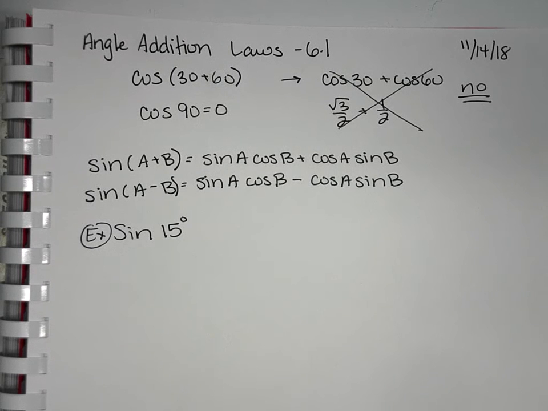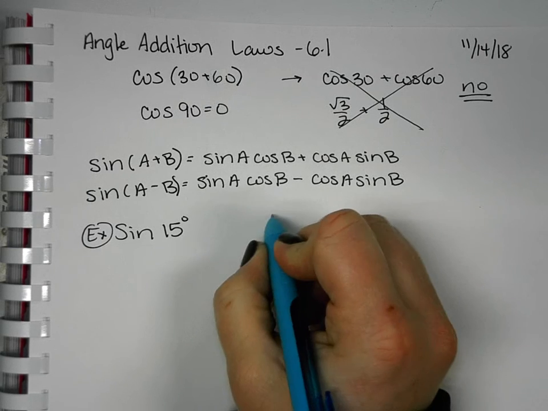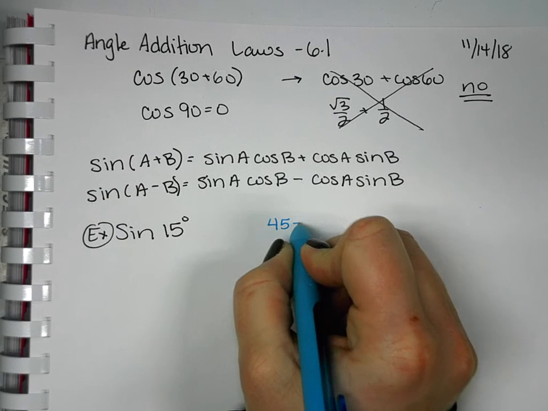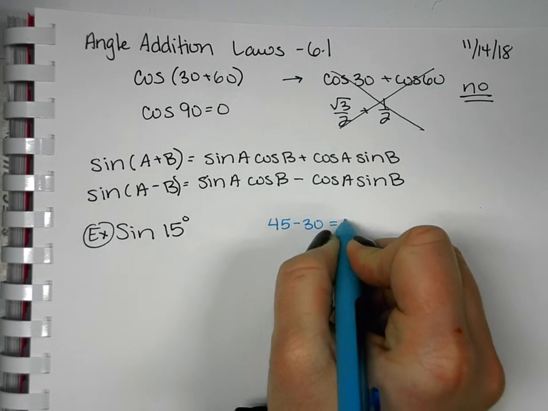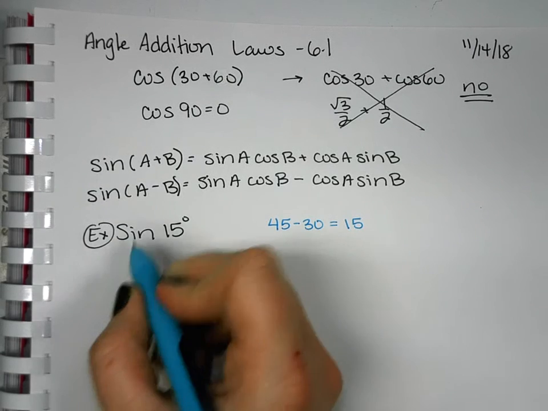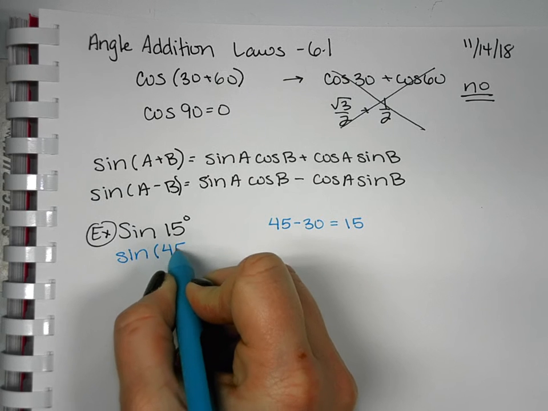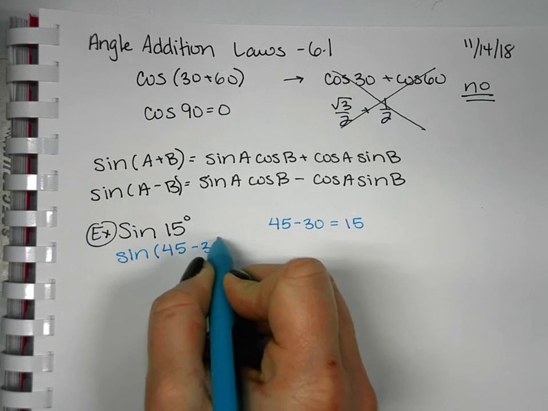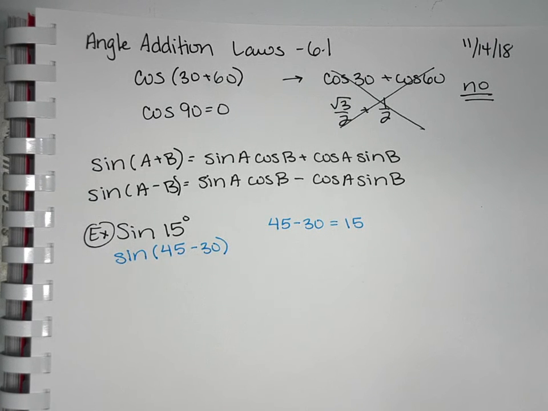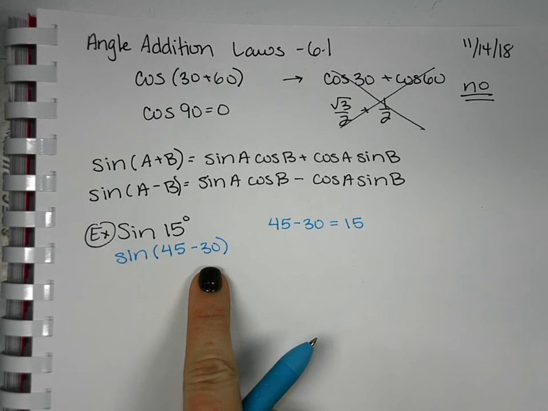If I were to take two of my exact angles, such as 45 and 30, 15 is the same as 45 minus 30. So I can rewrite this as sine of 45 minus 30. So I've got two exact angles in my difference.